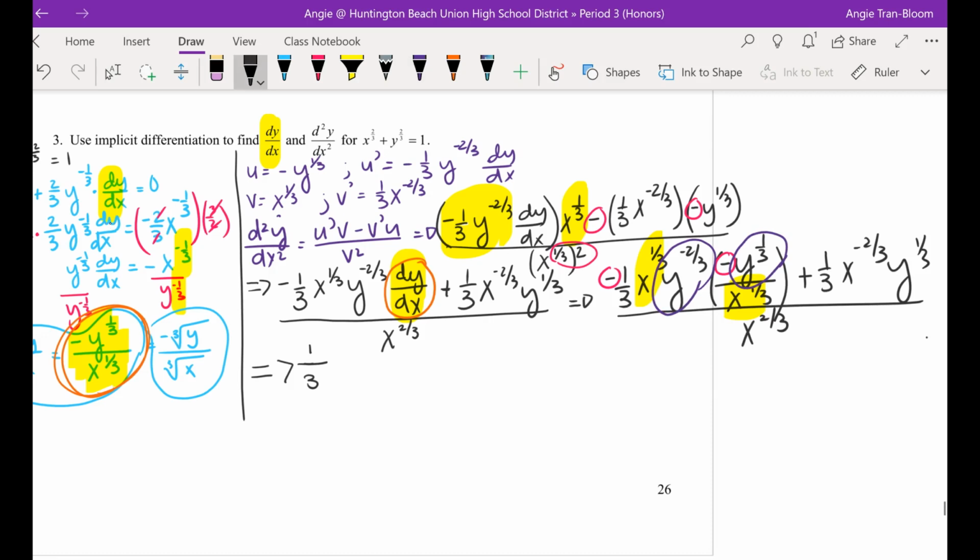The y's are the same, so I'm going to add the exponents, okay? When I add the exponents, negative 2/3 and a positive 1/3 is now a negative 1/3. So that's all I have left on that piece. Then I'm just going to copy everything else. Oh, ignore this thing right here. This thing belongs to that top. So then I'm just going to copy everything over, and we will now simplify the denominator.